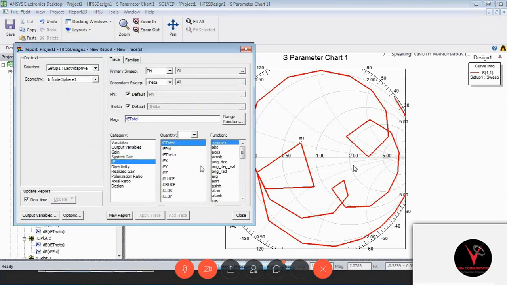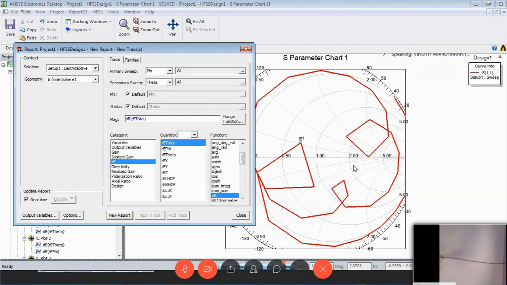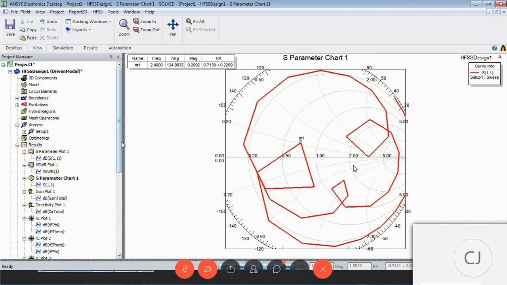No, basically on the antenna surface, how to show the 3D radiation pattern on the simulated antenna? Sorry, I don't know exactly. If possible, tomorrow I'll show you, because I didn't do that analysis.